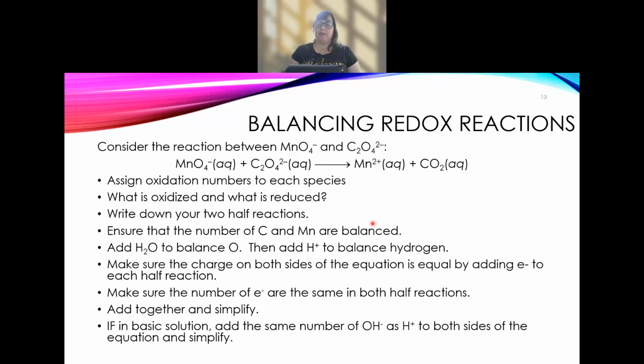So we have MnO4- plus C2O42- goes to Mn2+ plus CO2. All right. We have two half reactions that we're going to get out of this. And we're going to do those.